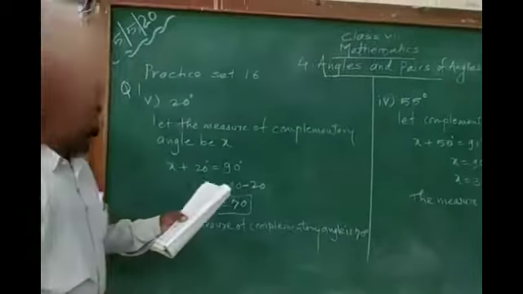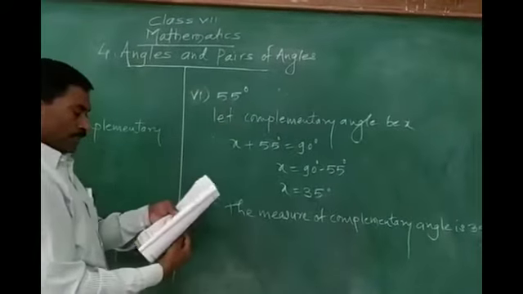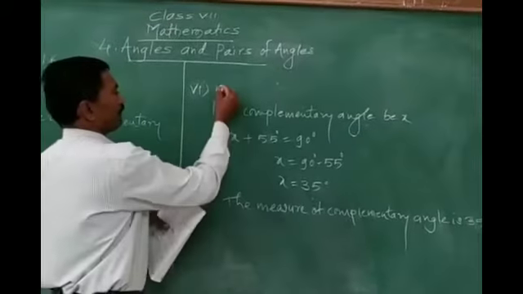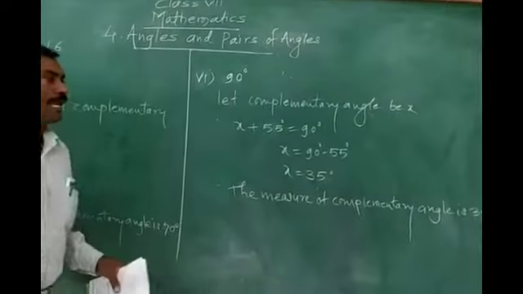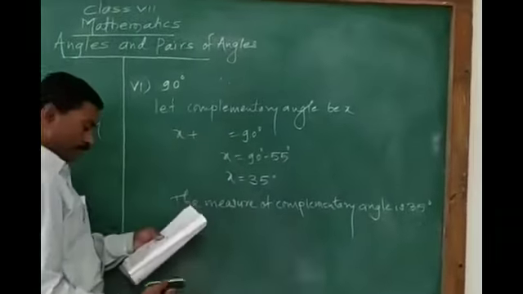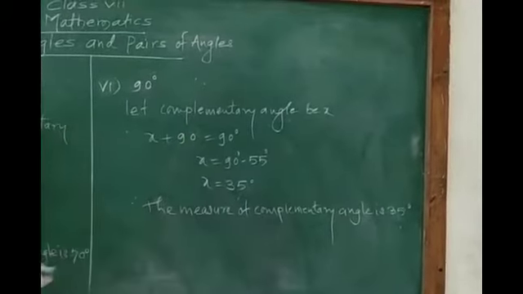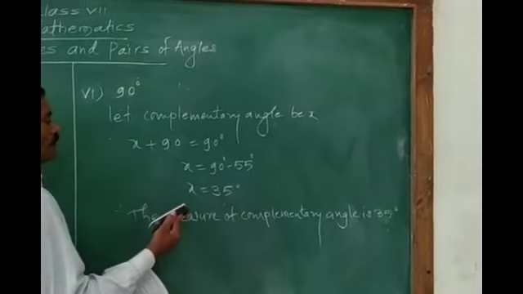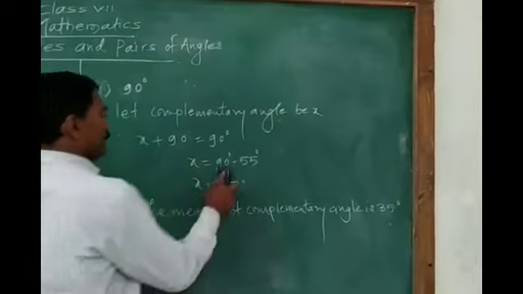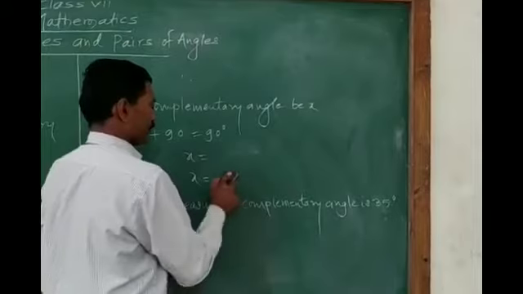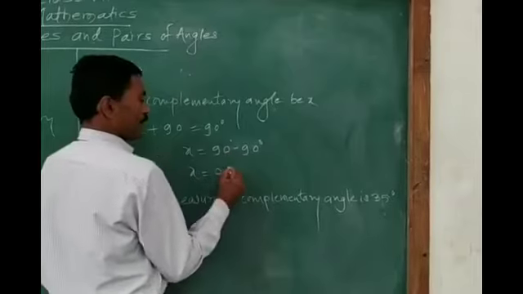And the sixth given is 90 degrees. Let the measure of the complementary angle be x. Therefore, x plus 90 is equal to 90 degrees, and x is equal to 90 minus 90, which is 0.